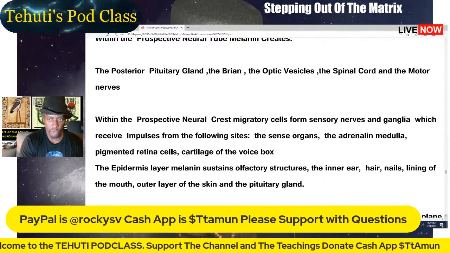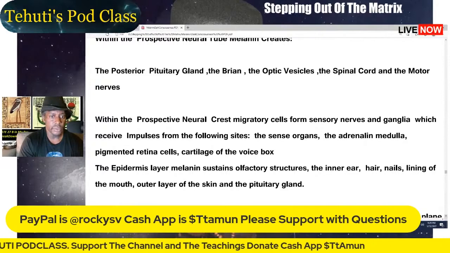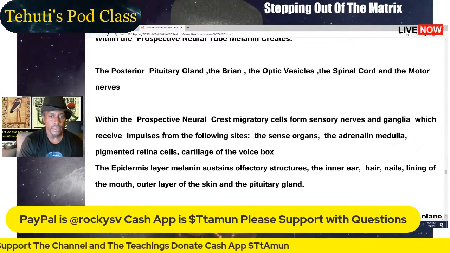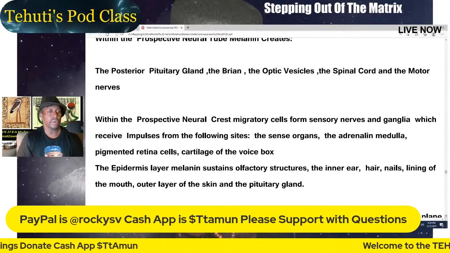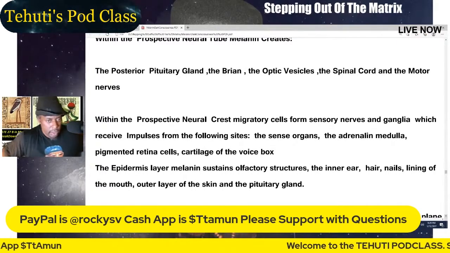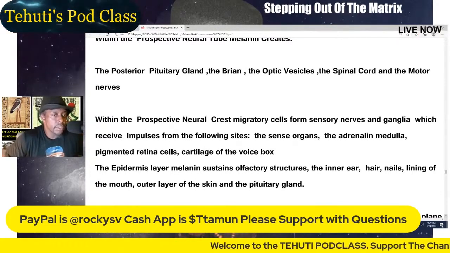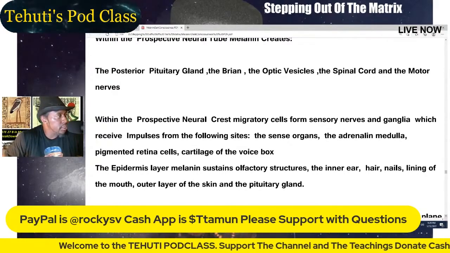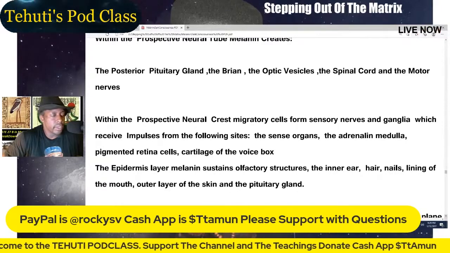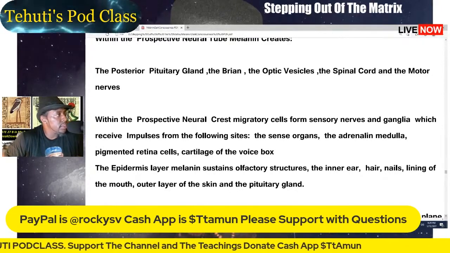Okay, so we have the impulses of the sites: sense organs, adrenal medulla, pigmented retina cells, cartilage of the voice box. So without the melanin working with the prospective neural crest, you have no ability to even speak. So melanin is giving you the ability to make noise and speak.